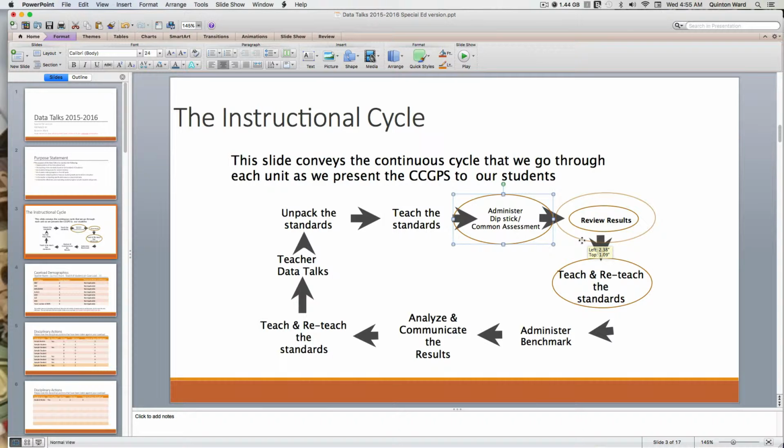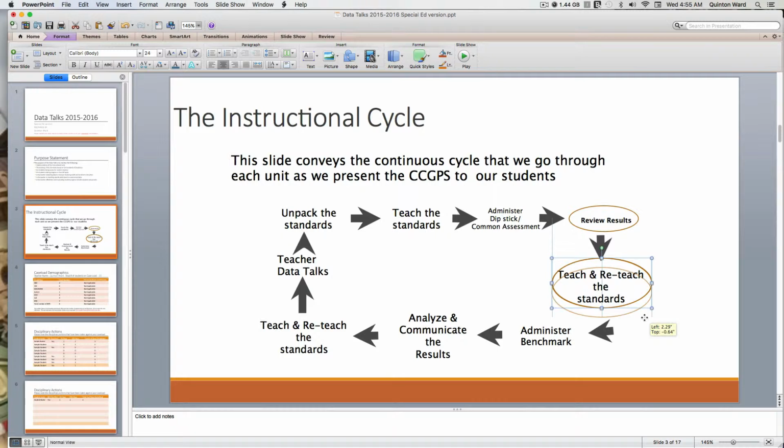After analyzing results, the teacher will move forward with the teaching of the unit, but at the same time, the teacher will also continue to reteach standards that were not understood.